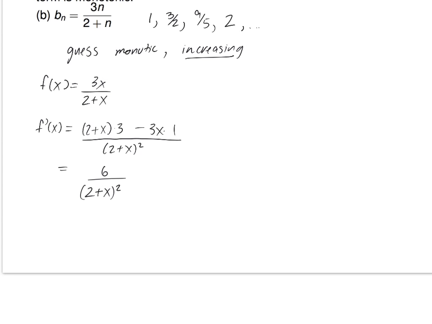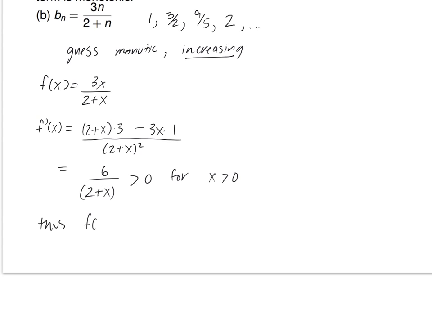Do you agree that it's 6 over (2 plus x) quantity squared? Does that make sense? Okay, so for any x, and also we only care about positive x's because we have a sequence, and sequences only have positive n's, right? So this thing is bigger than 0 for x's that are bigger than 0, right?